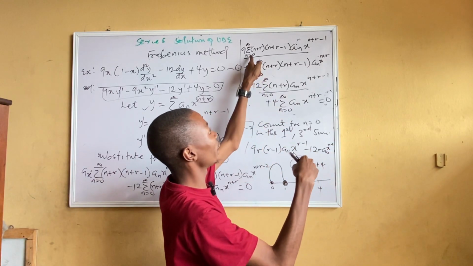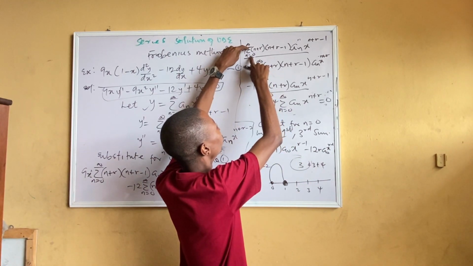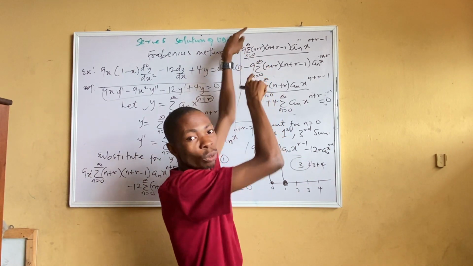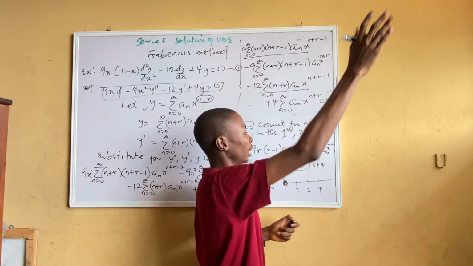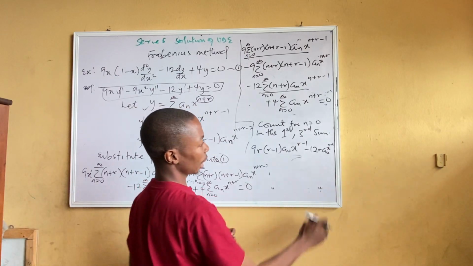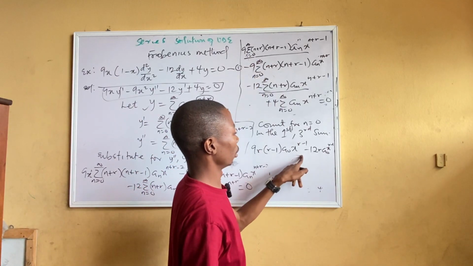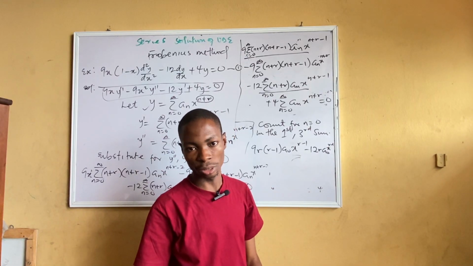So if I count for n equals to 0, the next limit will now start with n equals to 1. If you count for n equals to 0, the next one will start from n equals to 1, 2, 3, like that. So if you count for n equals to 0 in the first and third sum, you are going to have this. So you equate it to 0. That is what will give you what we call indicial equation.